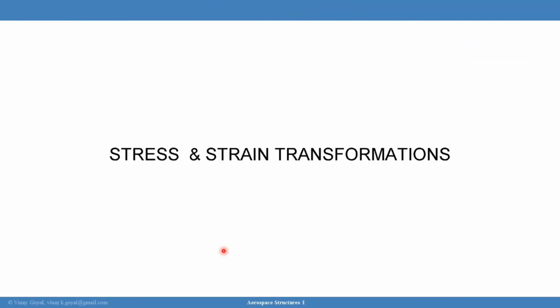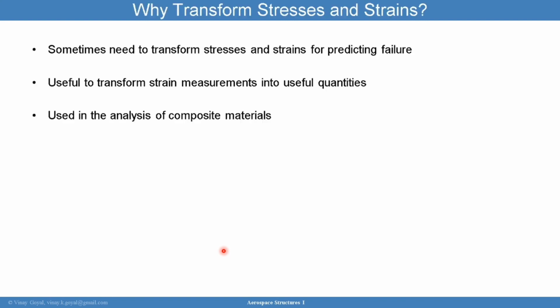So the next topic I want to cover is the stress and strain transformations. And why is that useful? Sometimes we need to transform stresses and strains to predict failure. That's one possibility. It is useful to transform strain measurements into useful quantities.